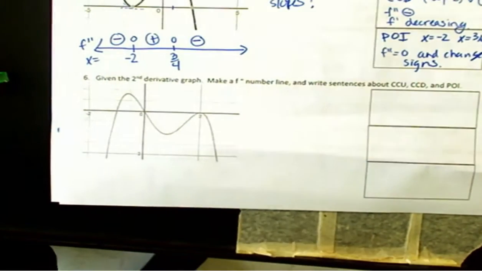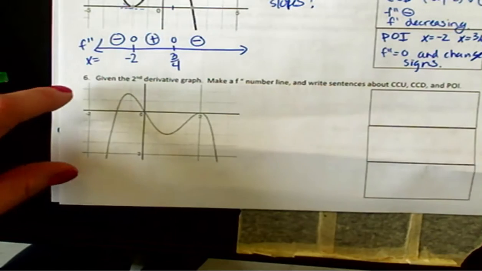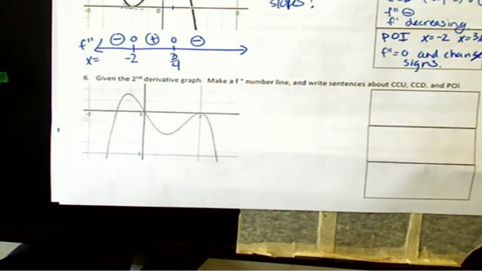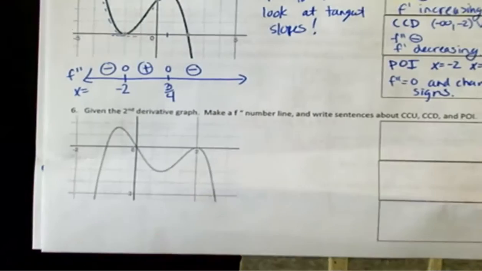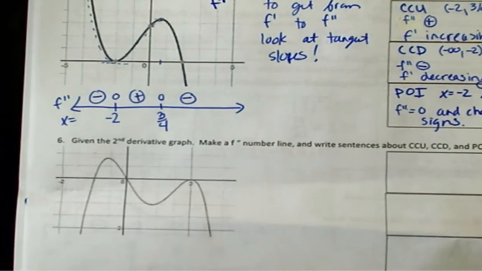Given the second derivative graph, make a second derivative number line. Okay, so I'm giving you the graph that I need the number line of.